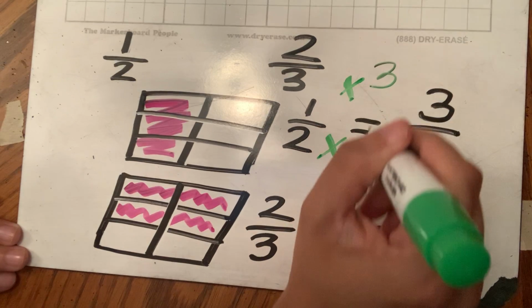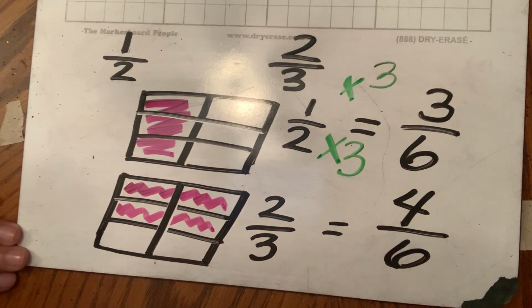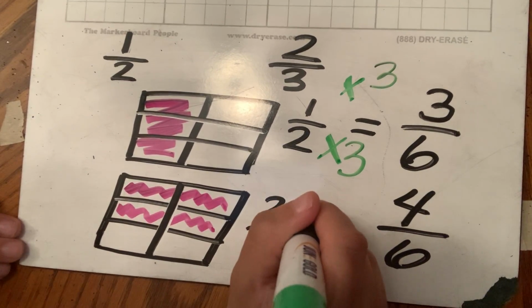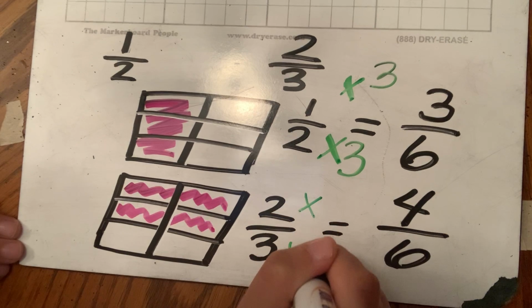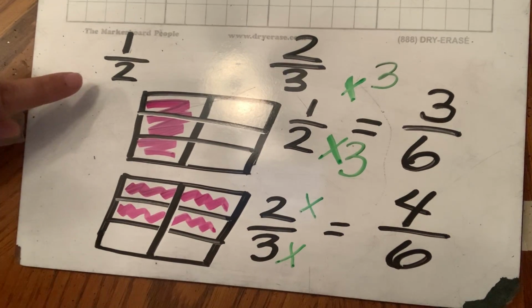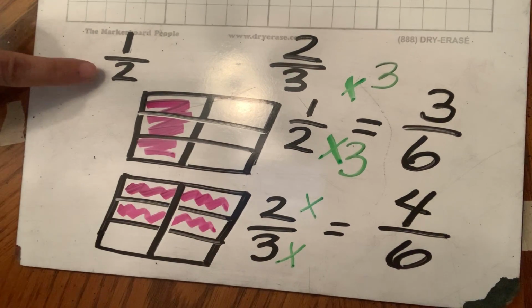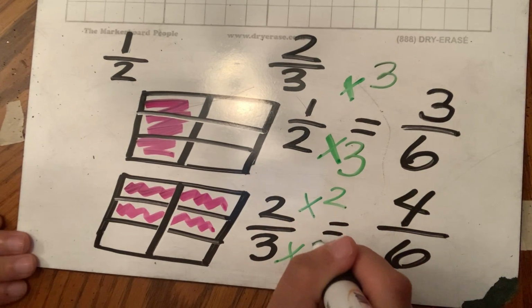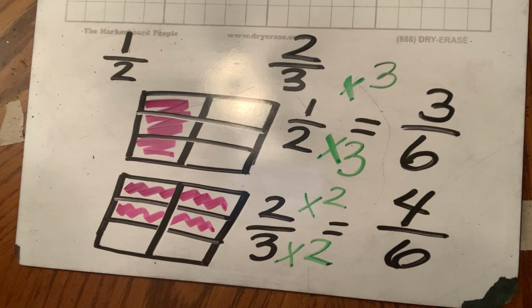That's the number that I multiplied by, right? And here I did the same. I multiplied, but now I multiplied by the denominator in my other fraction, right? Agree or disagree?